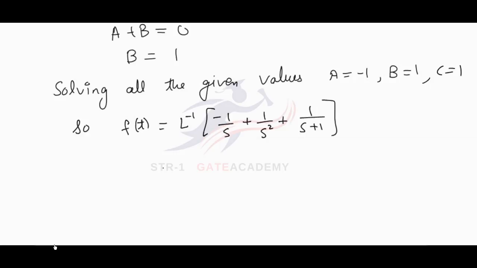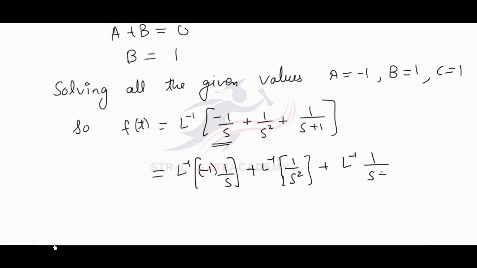Here we can use the linearity property, and individually get the inverse: minus L inverse of 1 by s, plus Laplace inverse of 1 by s square, plus Laplace inverse of 1 by s plus 1.